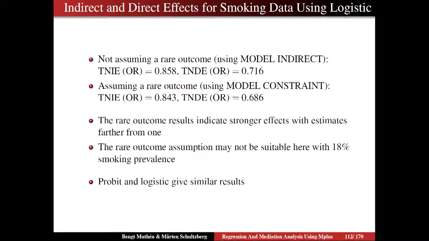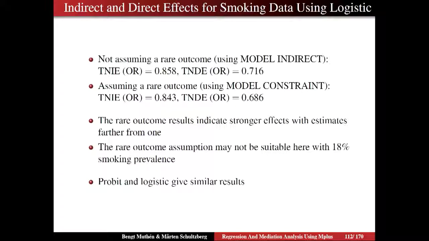However, first of all, the rare outcome assumption may not be suitable in this case because only 18% of the total sample uses cigarettes, so it's not that rare. And also, it's an approximation, of course. So we shouldn't choose between the results based on which one has the strongest effect.